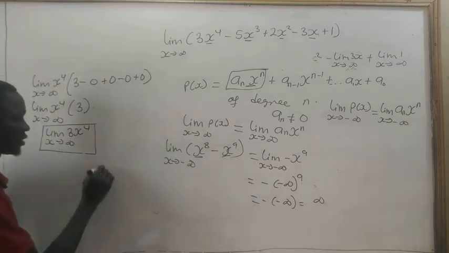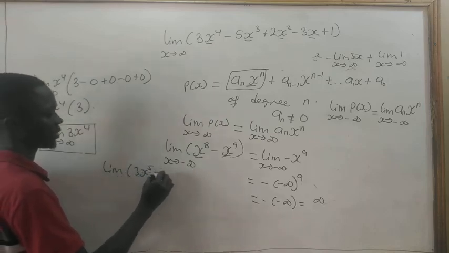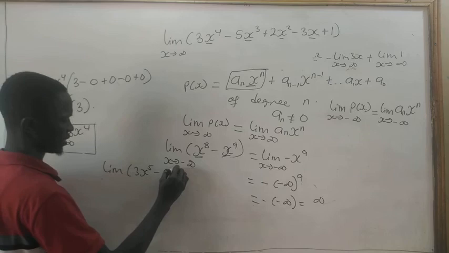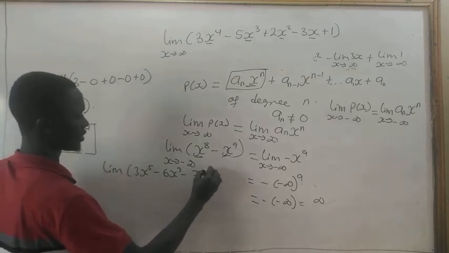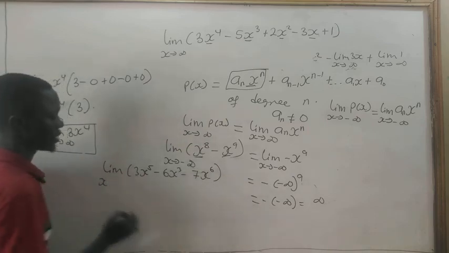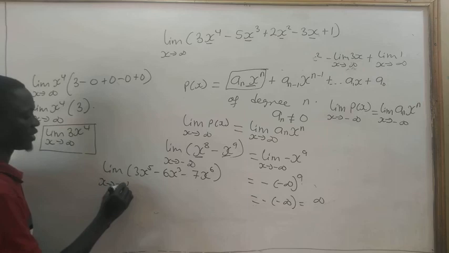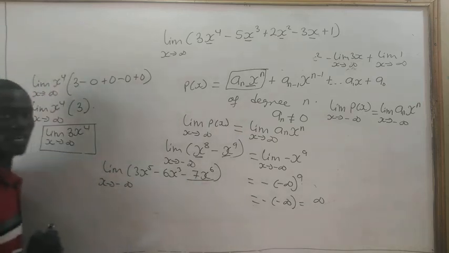Now let's look at this one. We take the limit of 3x to the power 5 minus 6x minus 7x to the power 6 as x approaches negative infinity. So this one contains the highest power of x.